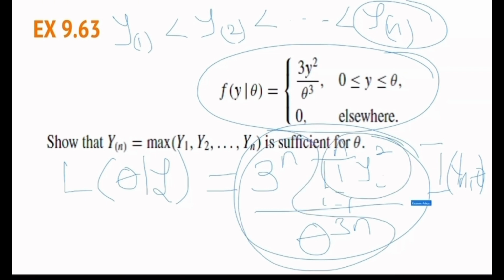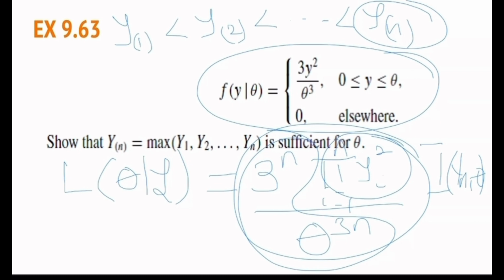The product of yi squared, when the observations are arranged in ascending order of magnitude, you'll be able to figure out the maximum. We can conclude here that the maximum order statistic could be sufficient, and at the same time, the product of yi squared can also be a sufficient statistic.